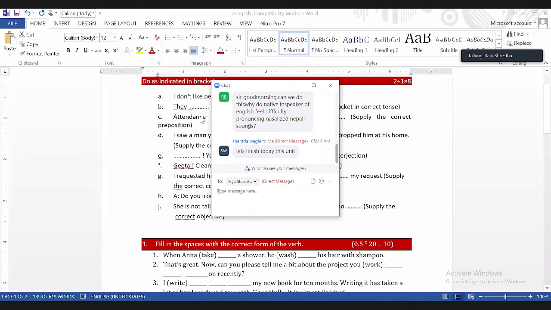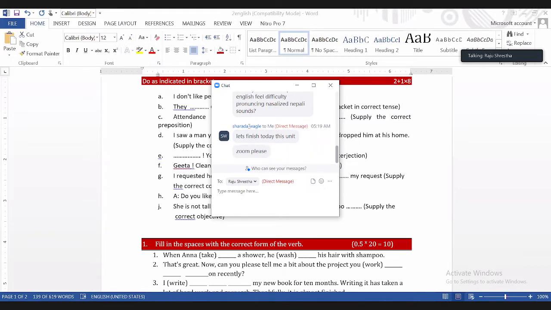I don't like people laughing at me. Change into passive: They build the resort by 2030. Put the verb in bracket in correct form. Build must be put in the correct form; once by 2030 comes, we must understand which tense it is, so accordingly we write the correct form of the verb.